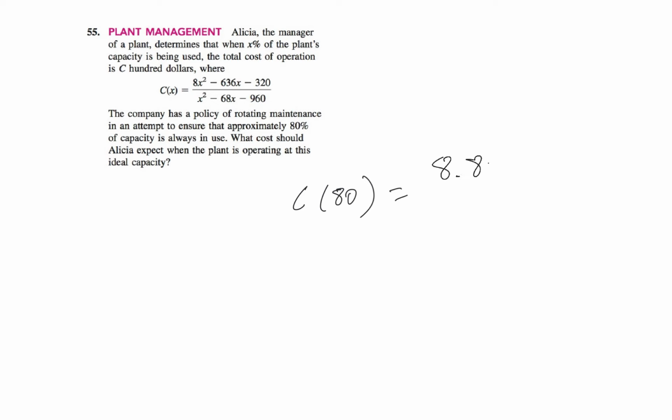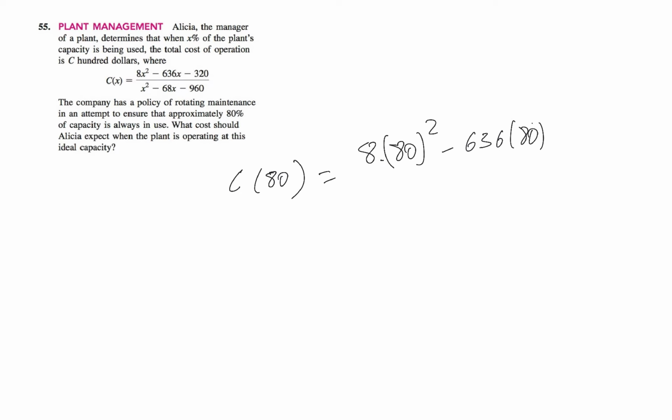8 times 80 squared minus 63.6 multiplied by 80, minus 320 divided by 80 squared minus 68 times 80 minus 960. What is the cost when you are at the level of production of 80%?